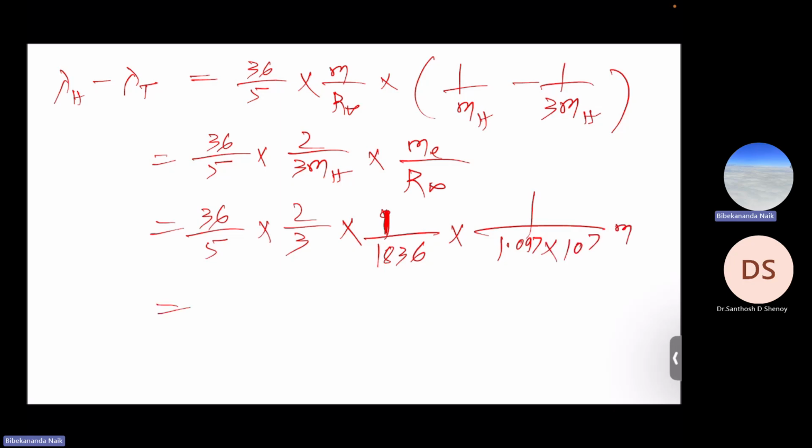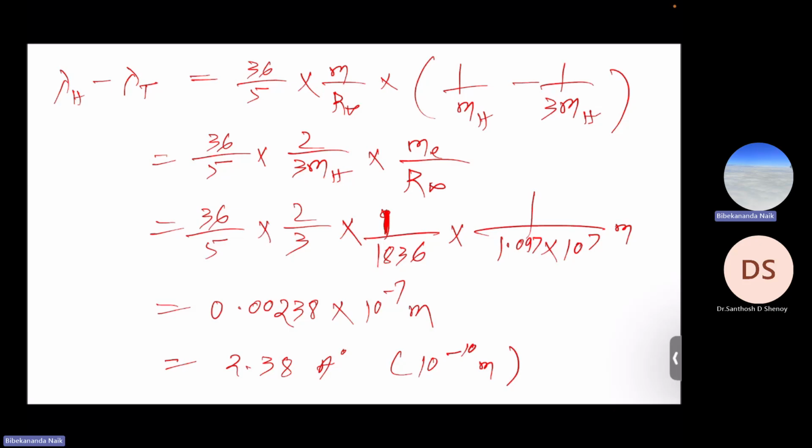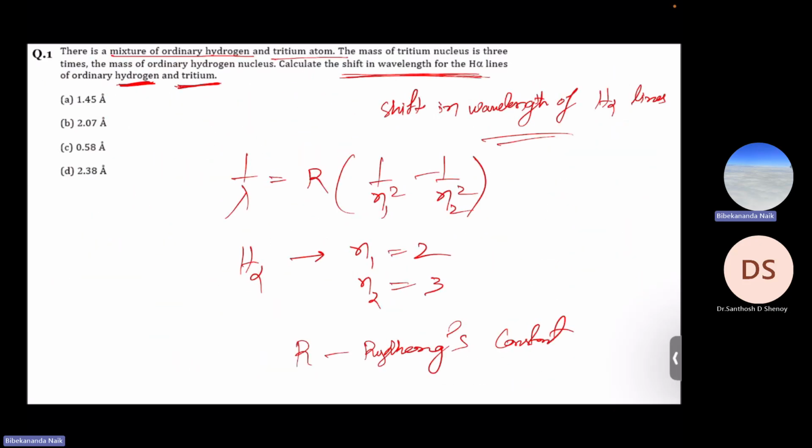So if you convert it and calculate, it is 0.238 into 10 to the power minus 7 meter. So it will be 2.38 Angstrom, that is 10 to the power minus 10 meter. So the correct answer will be 2.38 Angstrom.